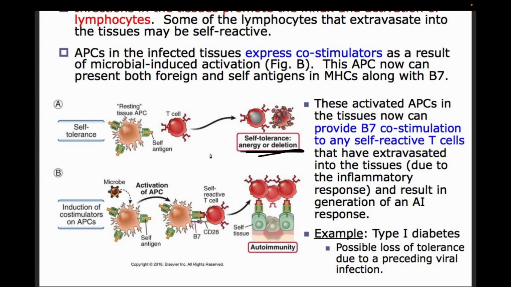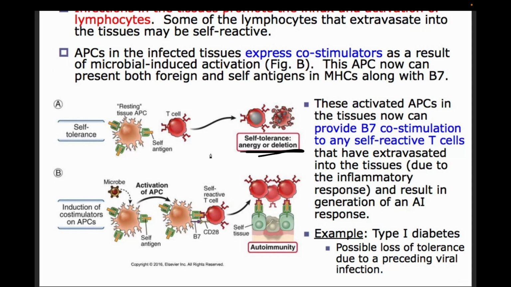Now what will happen? What follows an infection generally? Inflammation. During inflammation, what happens is extravasation. These T cells that have been activated by antigen-specific activation will proliferate and differentiate.